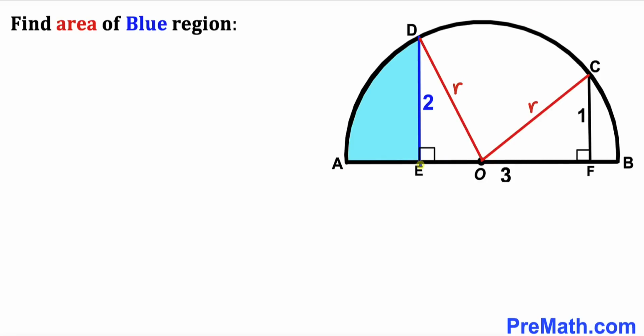Now let me label this segment EO as x units. Since this whole length EF is 3 units, this segment OF is going to be 3 minus x.